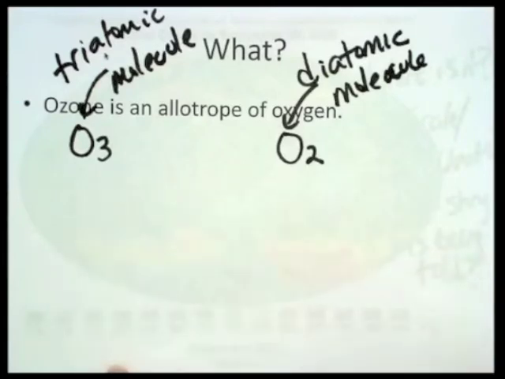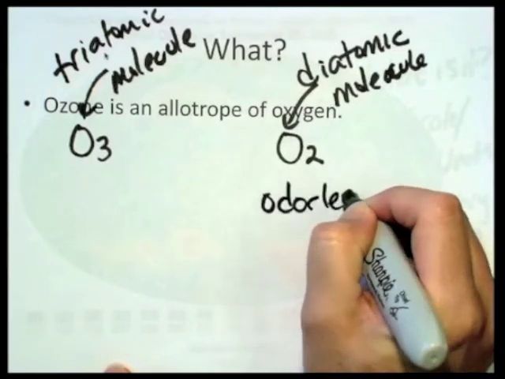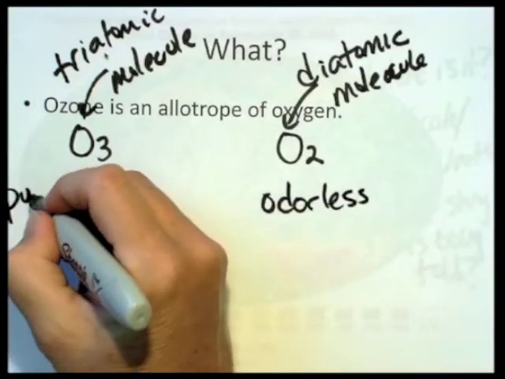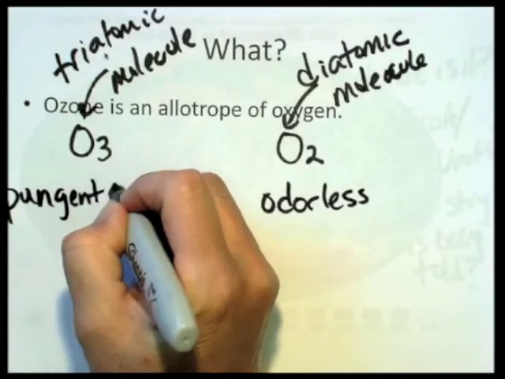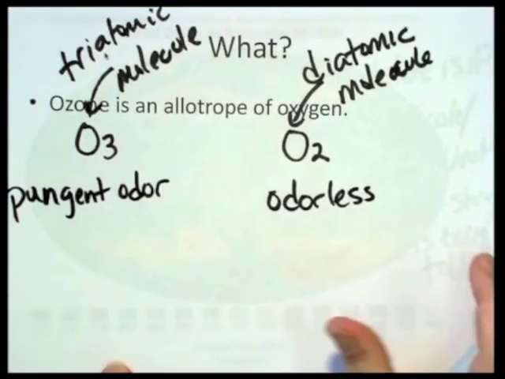They are different, even though they're just made of the same atom, oxygen. They have different chemical and physical properties. For example, oxygen is odorless, whereas ozone has a pungent odor. Once you've smelled it and it's been identified, you would always recognize it again.